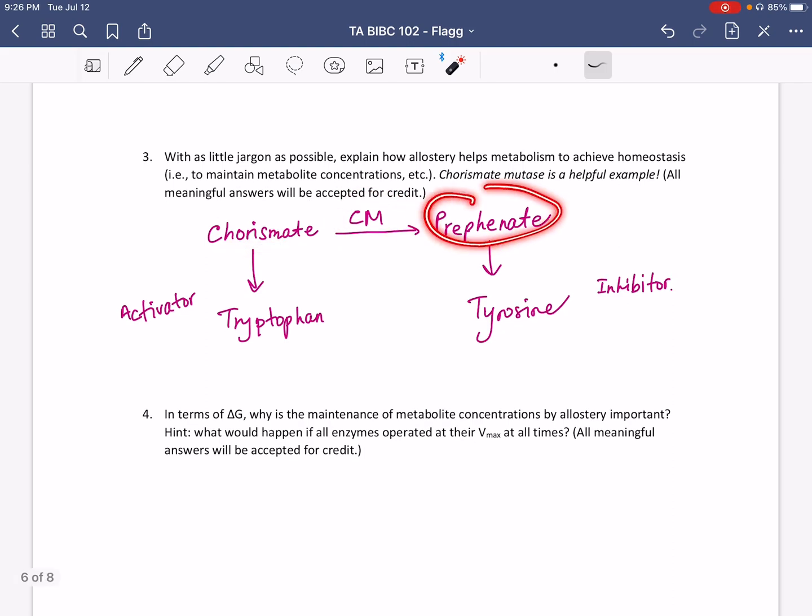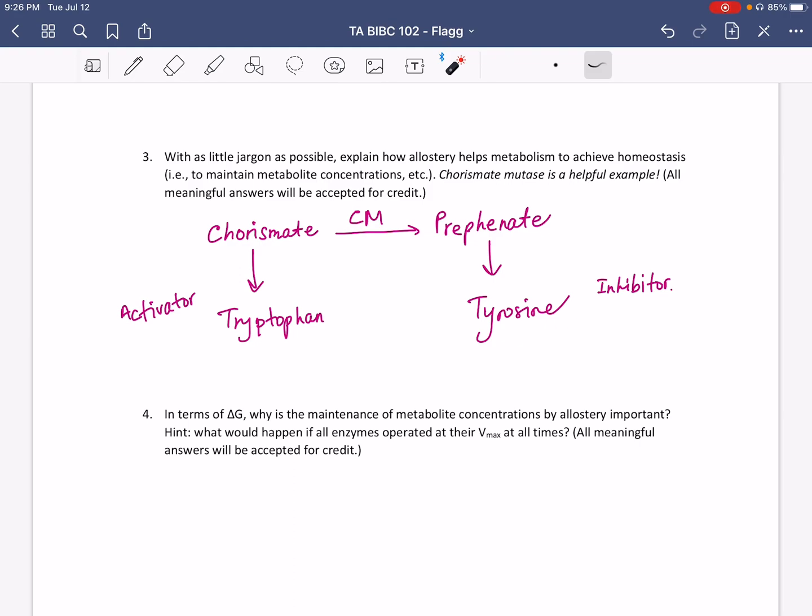Now, when there's a lot of prephenate, this will inevitably turn into tyrosine because this is how the pathway is. And if there's a lot of chorismate and chorismate mutase is not particularly active, then chorismate will be shuttled into turning into tryptophan.